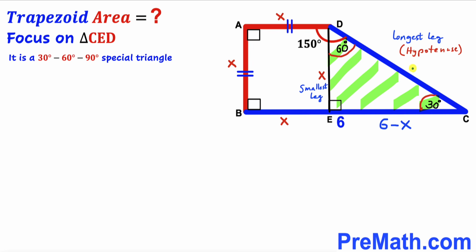In such a special 30-60-90 triangle, the longest leg is always twice the smallest leg. We know our smallest leg is x, so our longest leg is going to be 2 times x, and this third leg has got to be x times the square root of 3.